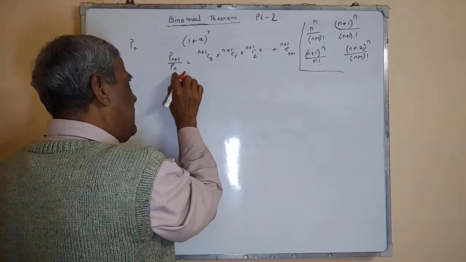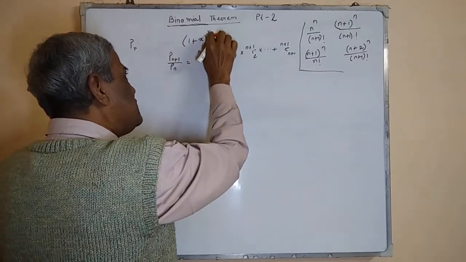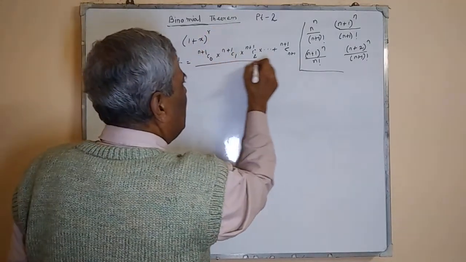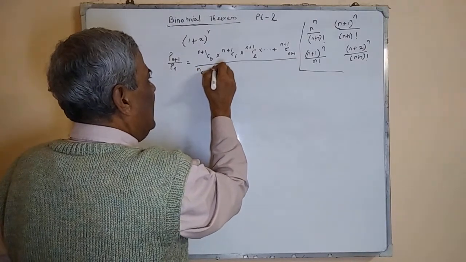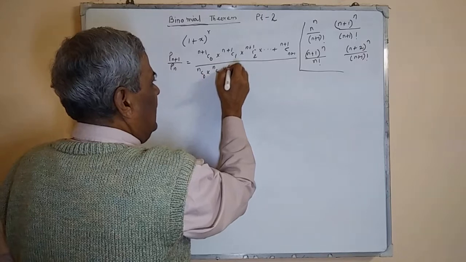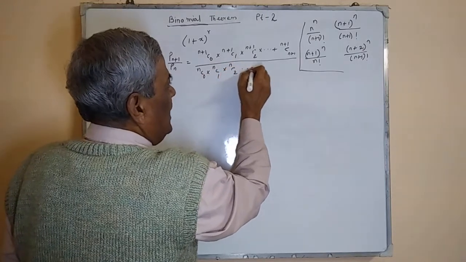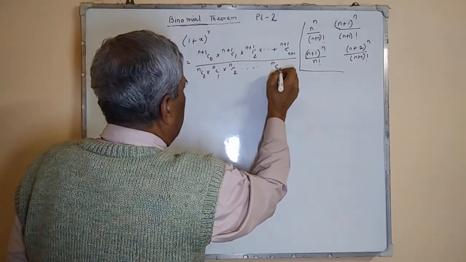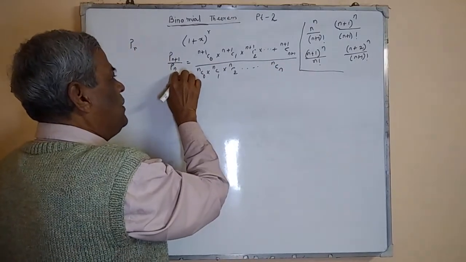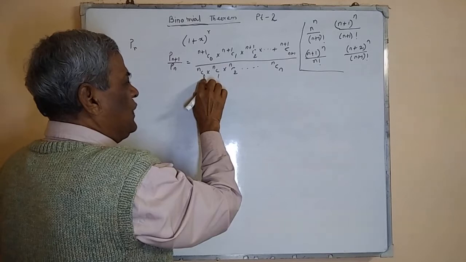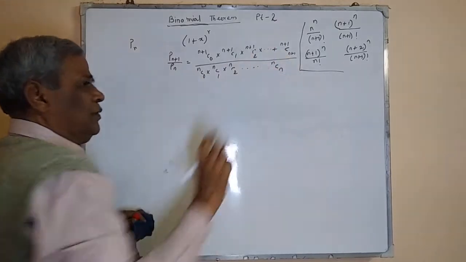Now divided by Pn, in that case the index is n. So it is equal to nC0, nC1, nC2 up to nCn. It has n plus 1 terms, corresponding to first term, second term, and so on.